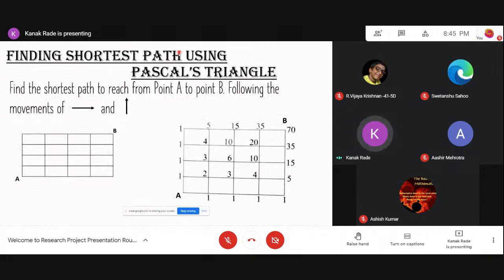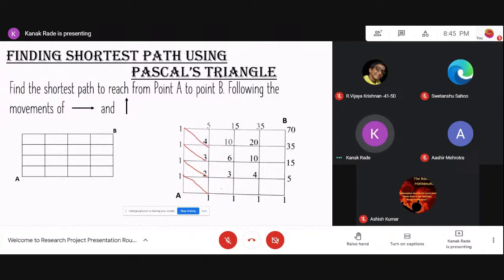Finding the shortest path using Pascal's triangle. Find the shortest path to reach from point A to point B, following the movements of each direction and not the other direction. So, using Pascal's triangle, we can say that 1 plus 1, 2, 2 plus 1, 3, 3 plus 1, 4, 4 plus 1, 5.